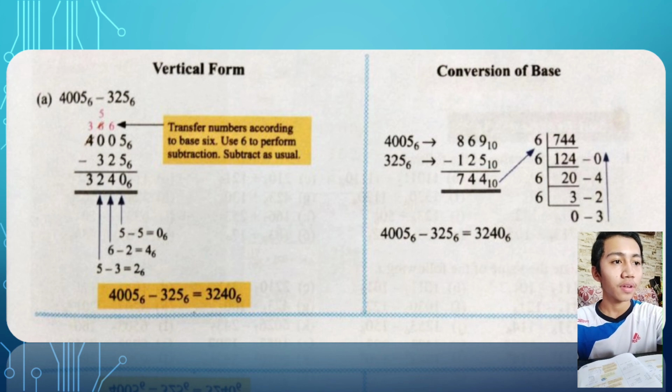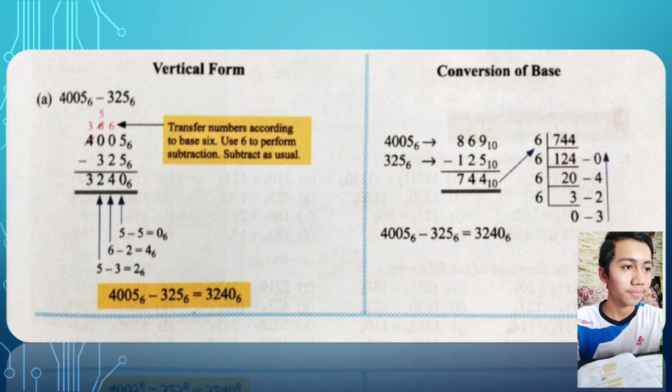So we get 744 base 10 and then we divide it by 6, because the base is 6. Okay. So we get the balance on the right. Then we write it down from the bottom to the top. 3240 base 6. So that's the answer.